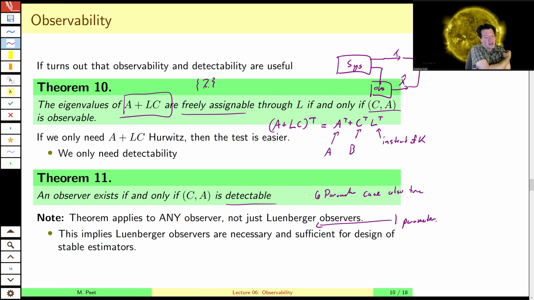And so what this shows is that you don't need all those parameters. 1 parameter is necessary and sufficient for design of stable observers, and furthermore for observers where the eigenvalues, the dynamics, are assignable. Now, this doesn't hold for optimal observers, however. So it's not true for optimality, and we'll come back to that when we talk about optimal control.